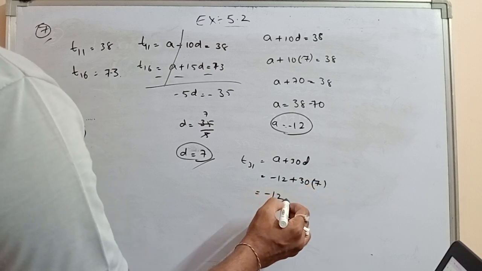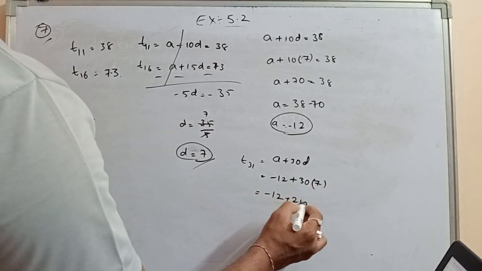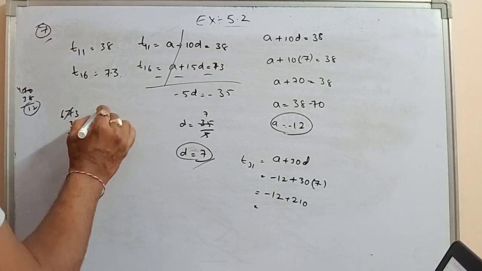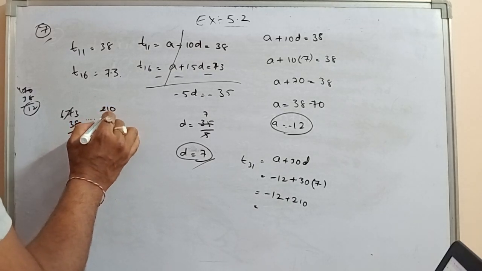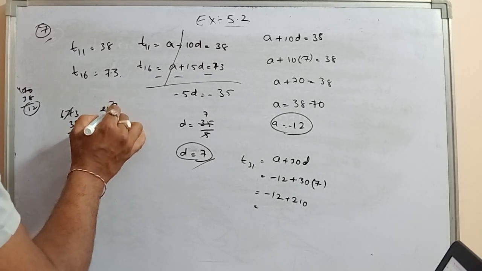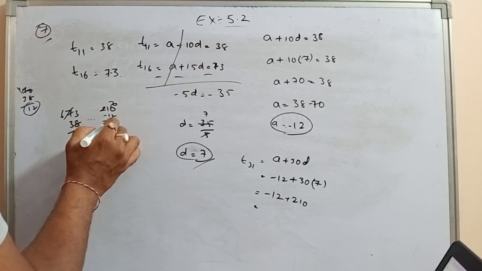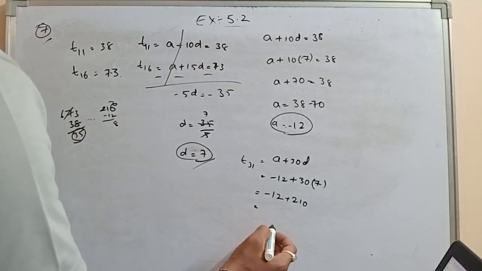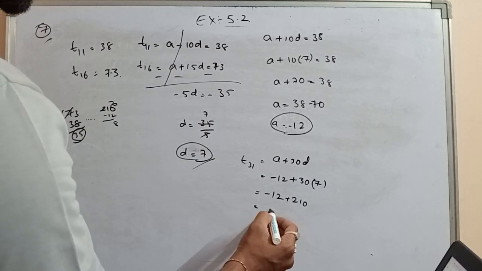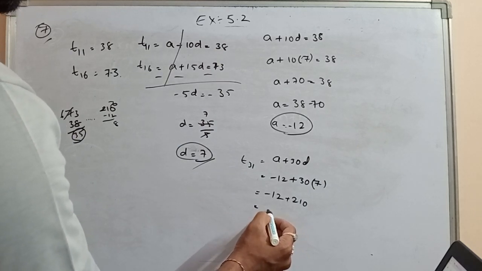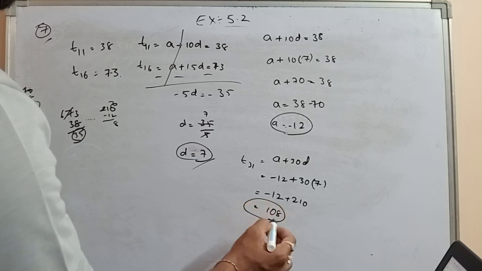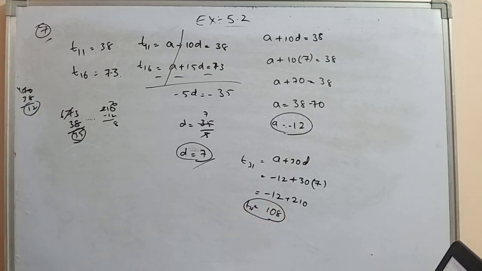So that is minus 32 plus 210, which becomes 178.